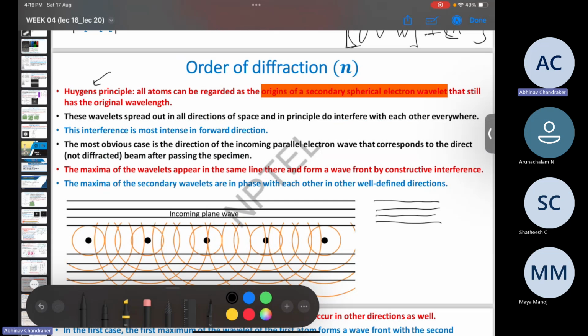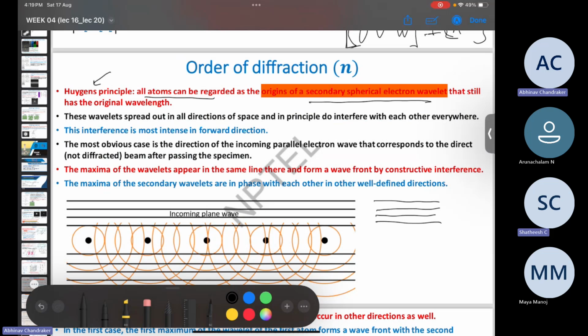we can assume the atoms to be like secondary spherical electron wavelets. We can assume that the atoms will lead to formation of secondary spherical electron wavelets that will have the same wavelength.